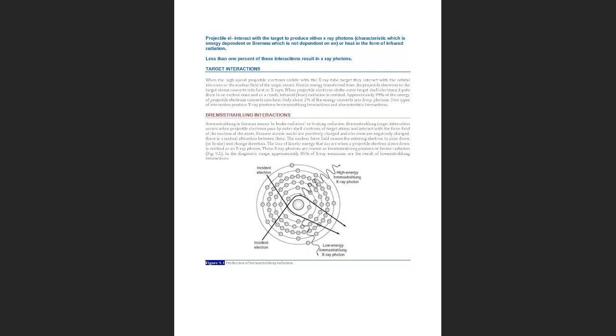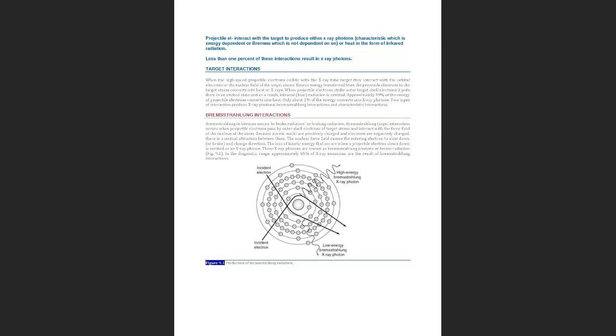So this was not really attracted to the nucleus, so the difference between that incoming energy and the exiting energy of that projectile electron is very little. On this one, however, the incoming projectile electron is very affected by the nuclear force field, so it lets off a lot of energy, and so this would result in a high energy Brem's X-ray photon, and exiting, this projectile electron would have very little energy.